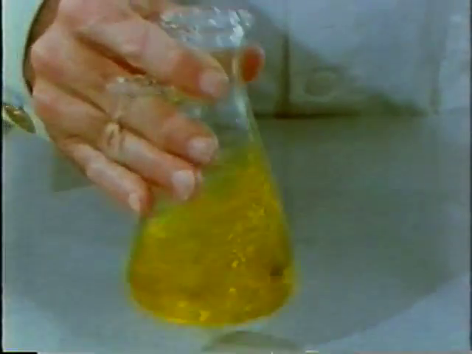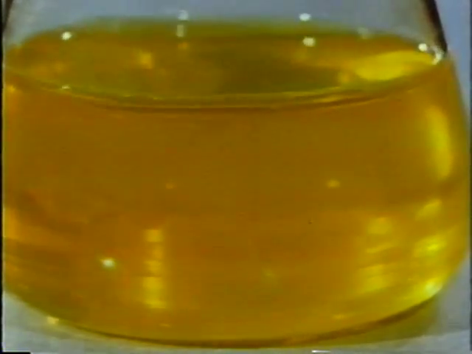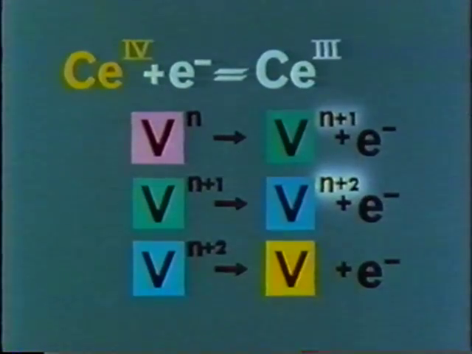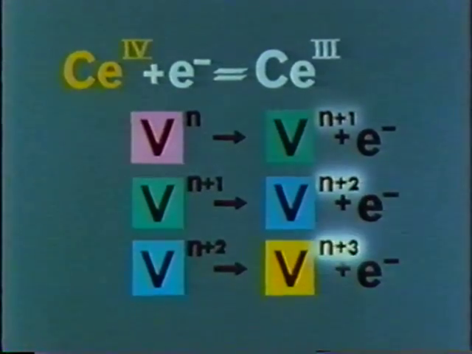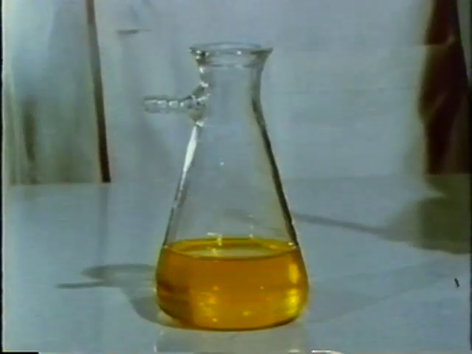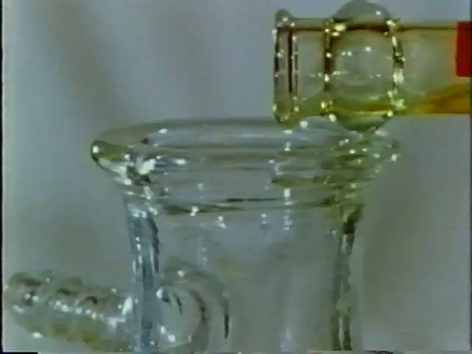We get the original yellow vanadium species, the vanadate. The vanadium in yellow vanadate must be 1 oxidation number higher than blue vanadium. Further addition of cerium-4 ion produces no change. This experiment confirms that the vanadium in the yellow vanadate is in its highest oxidation state.